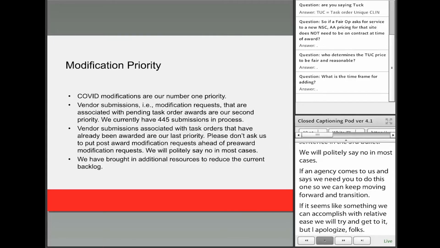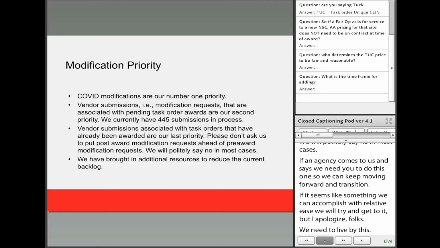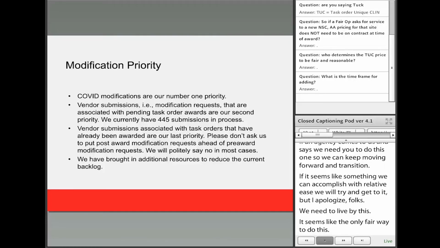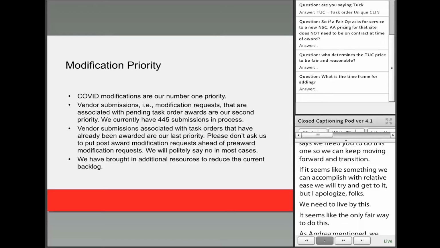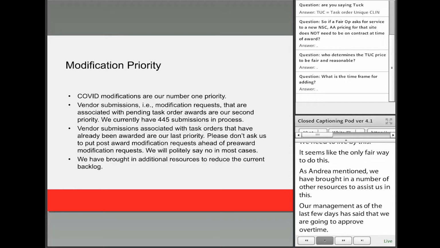As Andrea mentioned, we have brought in a number of other resources to assist us in this. Our management, as of the last few days, said, we're going to approve overtime. If you want to work it and try and keep pushing these through, please do. So that is our modification priority.